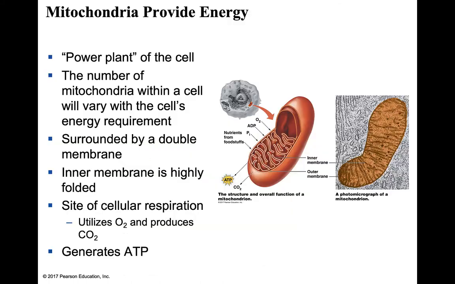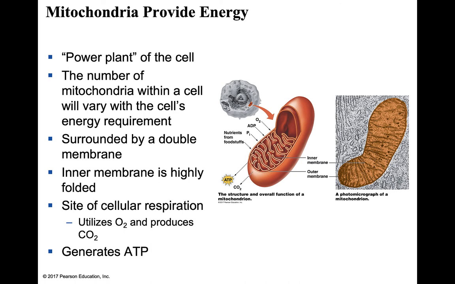Now, mitochondria is probably one of the most important organelles, and this is not a constant, so not all cells will have the same number of mitochondria. Those cells that are more active than others, such as skeletal muscle, cardiac muscle, and so on, will actually have lots of mitochondria.